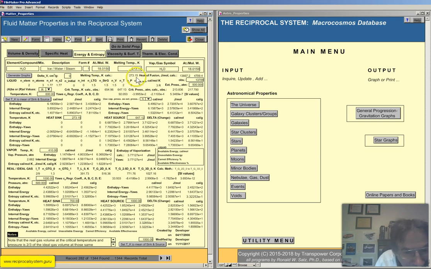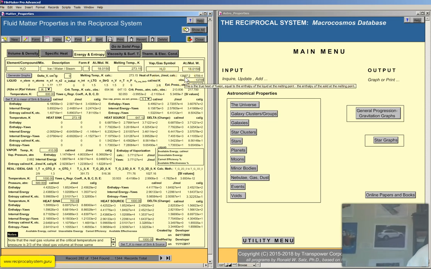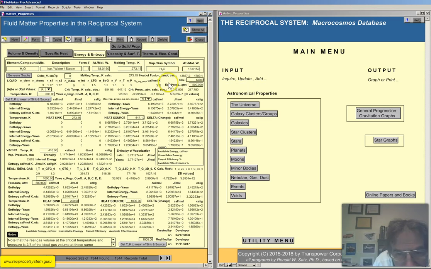Calculate the melting temperature K here. You can see it's the same, it's exact. The heat of fusion is calculated here, joule per mole. Let's see what this is. The heat of fusion is equal to the enthalpy of the liquid at the melting point minus the enthalpy of the solid at the melting point.